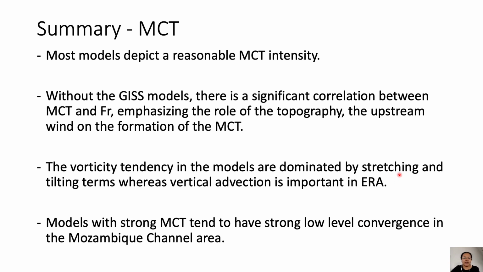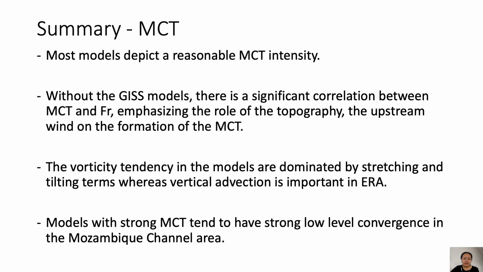So in summary, for the MCT, most models depict a reasonable MCT intensity. There is also a significant correlation between MCT and the Froude number, which emphasizes the role of the topography and the upstream wind in the formation of the MCT.